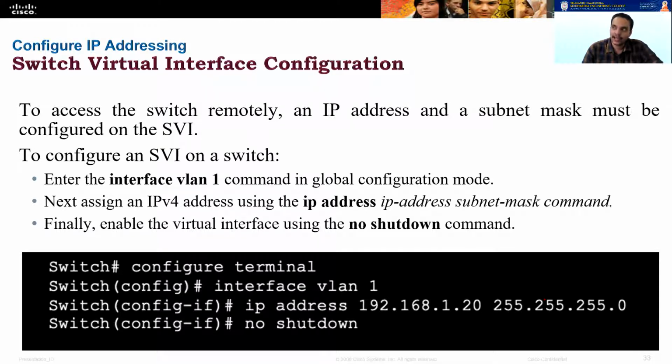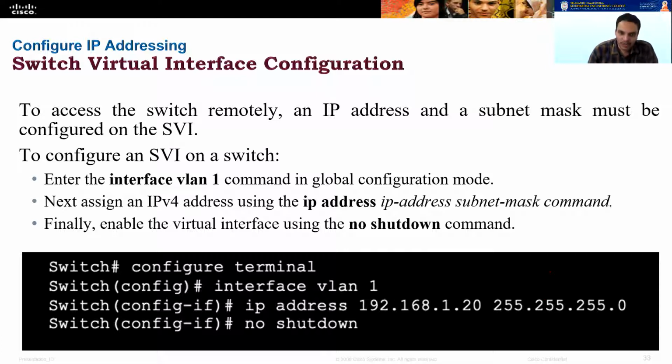So for me to assign an IP address to the switch, we use what is called an SVI interface. Please remember this. SVI stands for Switch Virtual Interface. If you want to access the switch remotely through the internet, you have to assign an IP address to the particular switch.